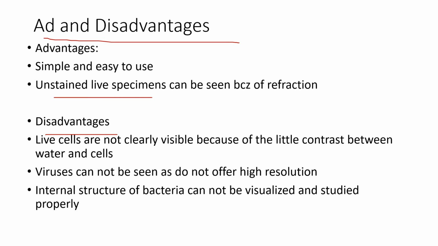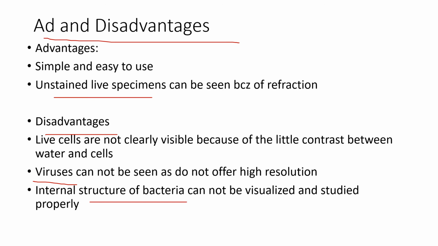Viruses cannot be seen because viruses require higher resolution, and bright field cannot offer that much resolution to help us see the viruses. And the internal structure of bacteria, of course, is not visualized. Forget about internal structure, you cannot even make out what is in the cytoplasm and many more things.